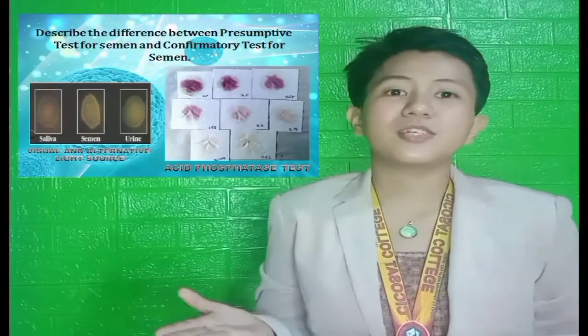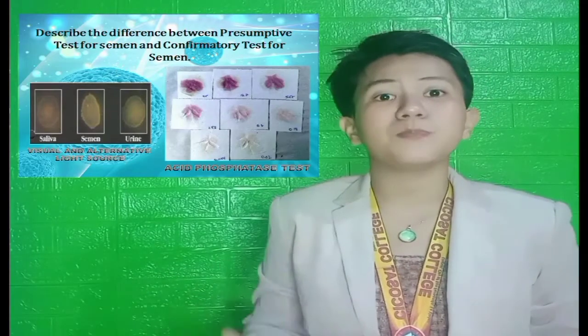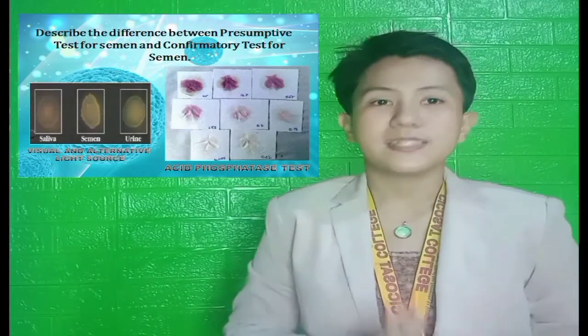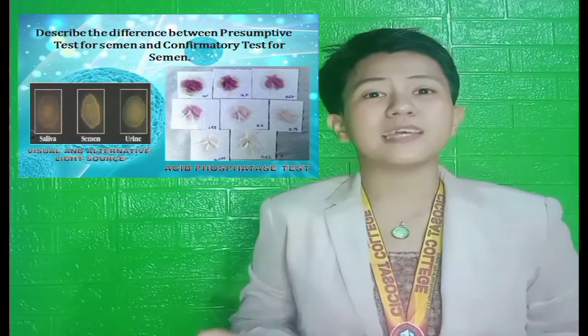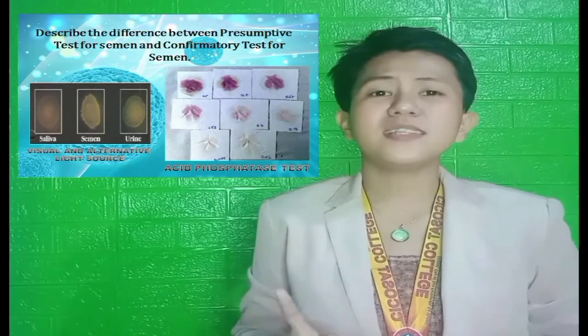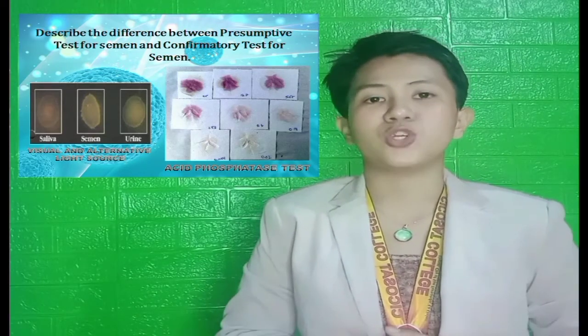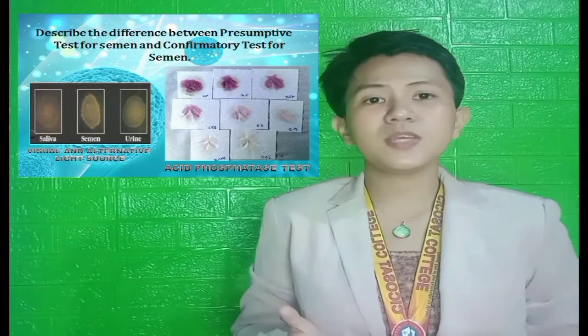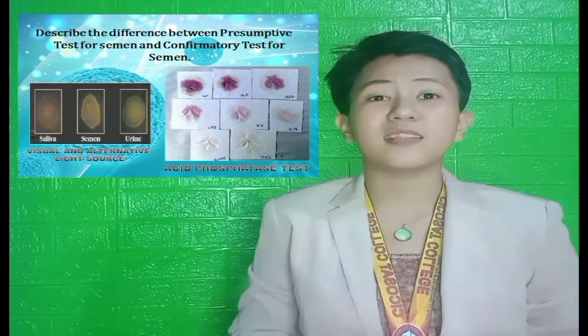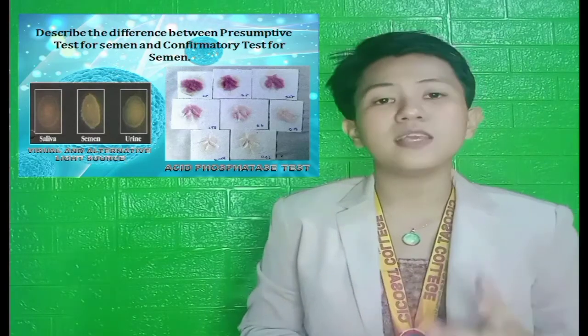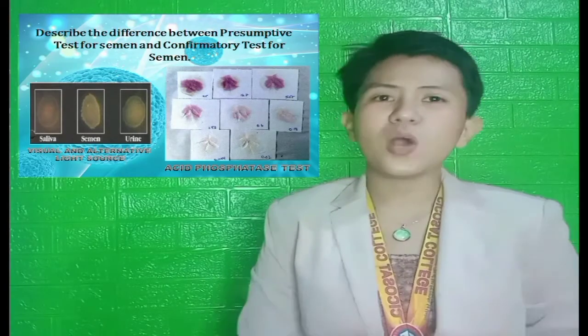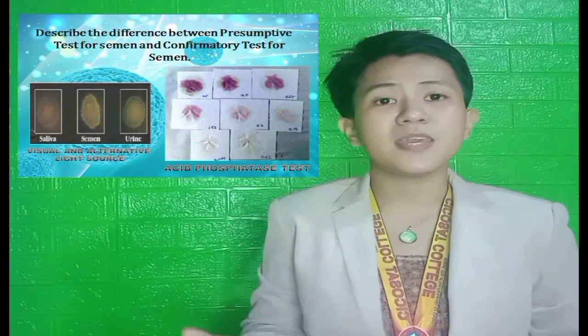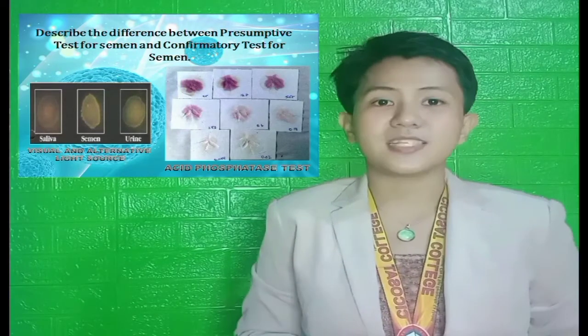Next is the difference between the presumptive test for semen and the confirmatory test for semen. The first is the presumptive test: visual and alternative light source. Ultraviolet light is used to check whether the fluid seen on clothing or a surface is semen.